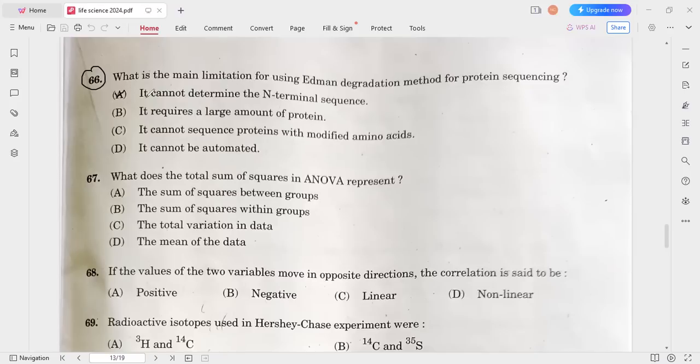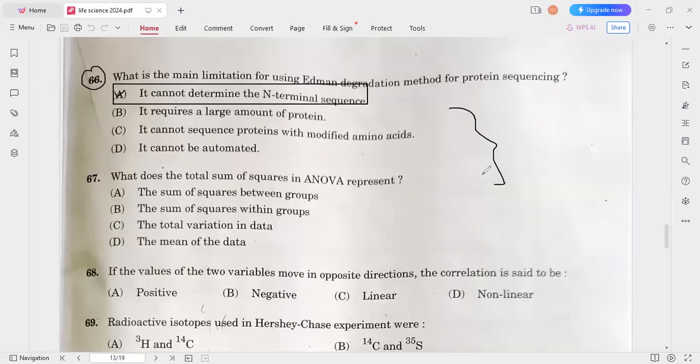Yes. B, it requires a large amount of protein. No. C, it cannot sequence proteins with modified amino acids. No. D, it cannot be automated. No. So here, in question 66, option A is the limitation, because Edman degradation proceeds from the N terminal of the protein. It has to start from the N terminal.